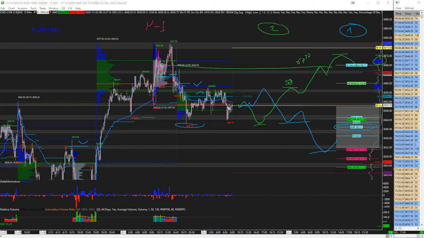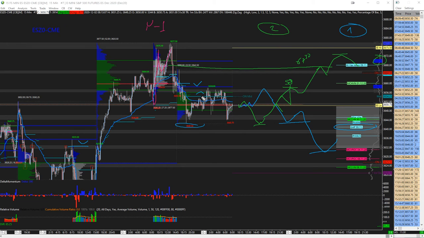The overnight VPOC at 50 is also the low of the pit session yesterday. So after taking out the gap mid, statistically high probability, attacking the yesterday day session low, test as we approach it, or test as we go through it and test from above, then 58.